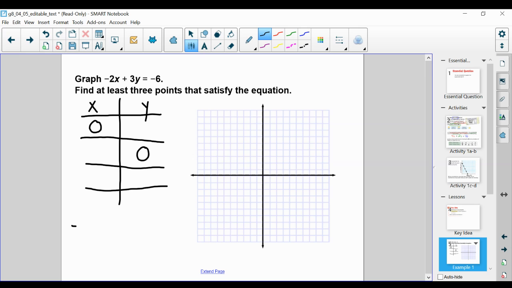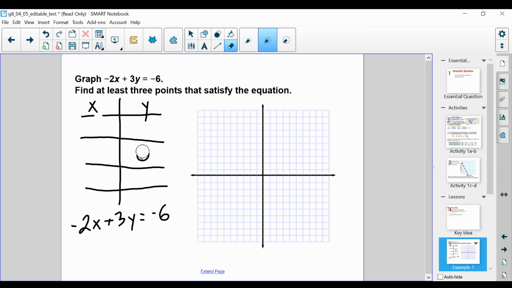So if we have the equation negative 2x plus 3y is equal to negative 6, let's look at this first instance. Let me color these so it's easier to determine. If we are letting x be 0, we're going to substitute in the value of x as 0.